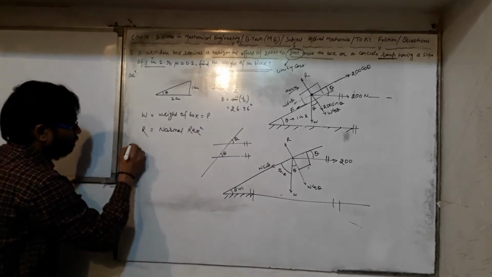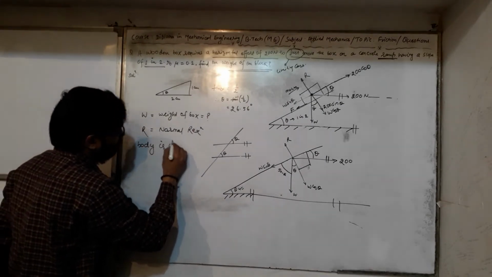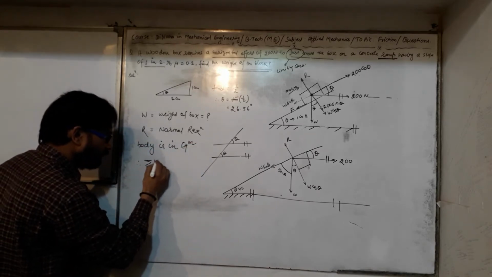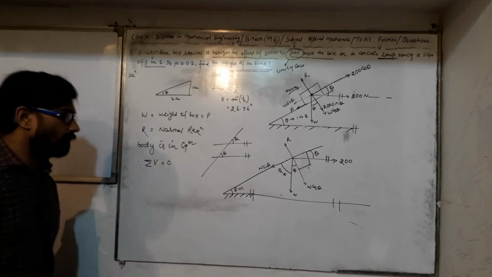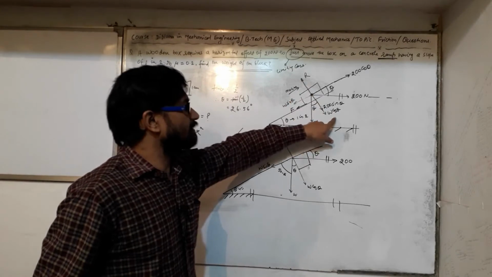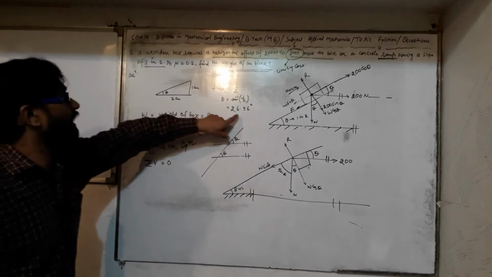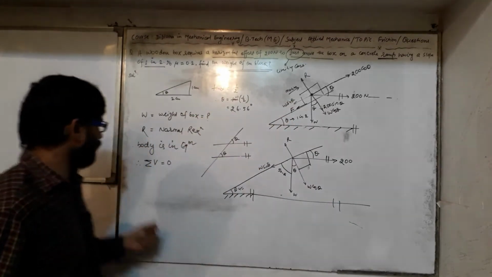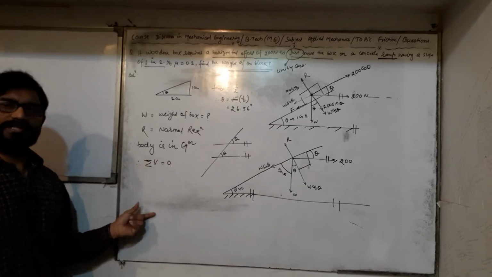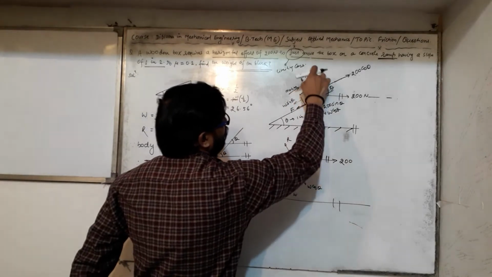Okay. Since the body is in equilibrium, the summation of vertical forces must be equal to 0. So how many forces are acting vertically? One is the normal reaction R, another is W cos theta, another is 200 sin theta. No doubt theta we have evaluated; while writing the equation, we will put the value of theta later on. Now R is acting in the upward direction.